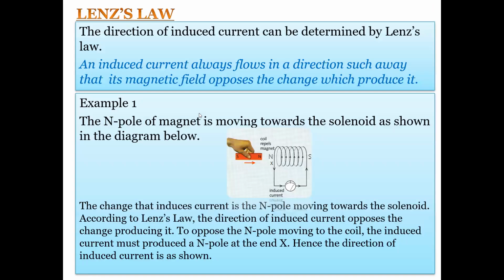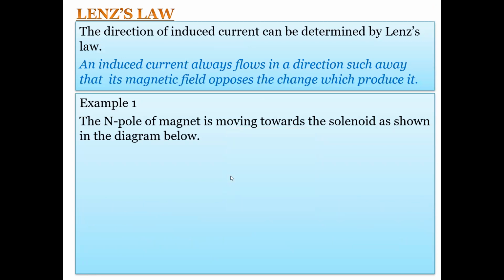Solenoid means a circular wire. So if I change, for example, instead of the north pole, if I was having a south pole here, so this is south, this is north. If we are bringing a south pole, what will be the pole induced here?